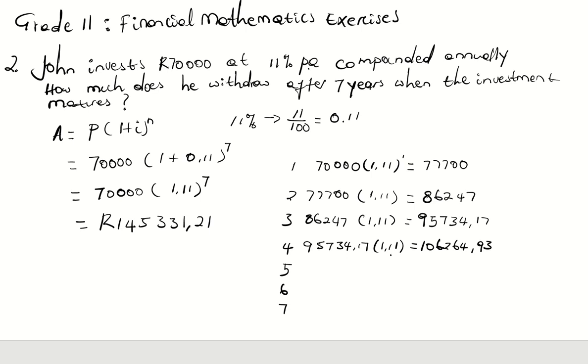So that is what he's gonna start off the fifth year with. And we have there 106,264.93, and we're multiplying it by 1.11. What do we get in that case?